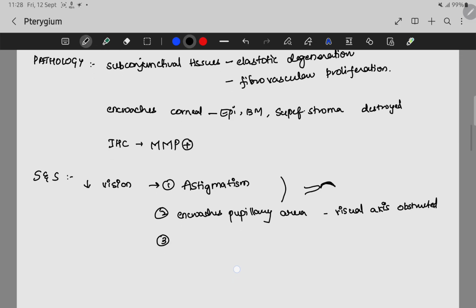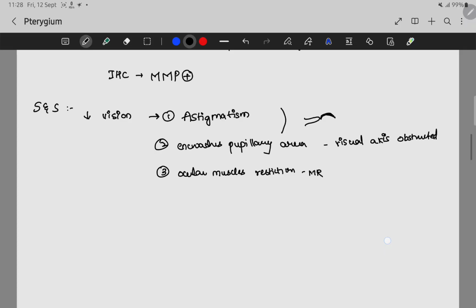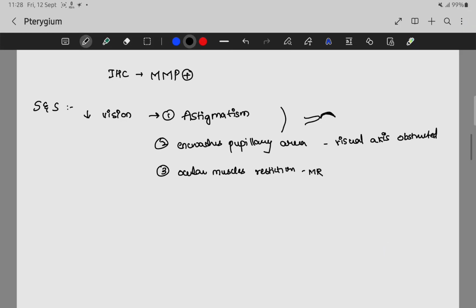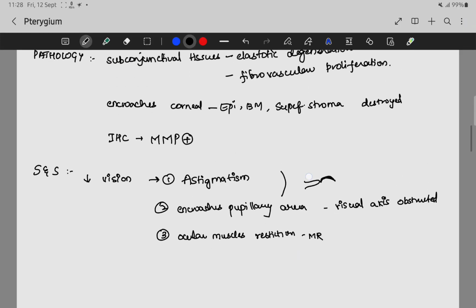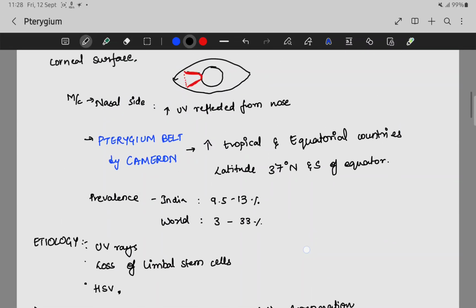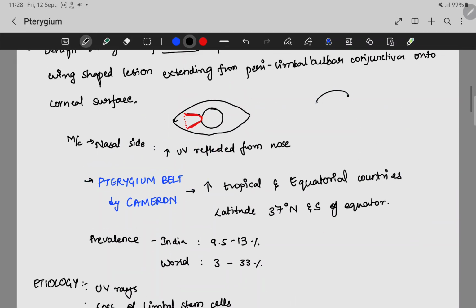And the third cause is ocular muscle restriction, of the medial rectus. It is most commonly present on the nasal side, as we discussed, and when it is present on both sides, both nasal and temporal, it is called double pterygium.